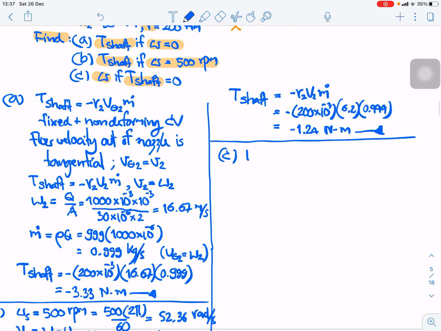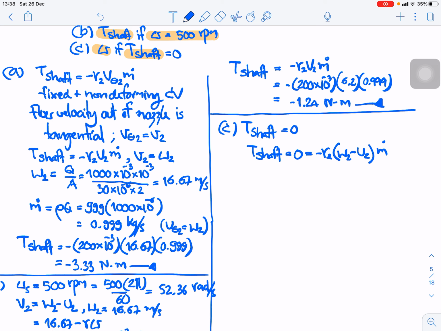And next, if T shaft is 0, this means this term is equal to 0. If we substitute U2 equal to R2 omega, we get omega equal to W2 divided by R2.